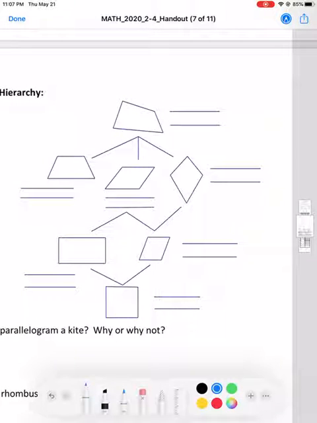This first one is those odd shapes, and this is actually the generic quadrilateral. There's nothing special about it, just any four-sided figure. No parallel sides, no same length sides or anything like that. So we're going to say that this is a quadrilateral.